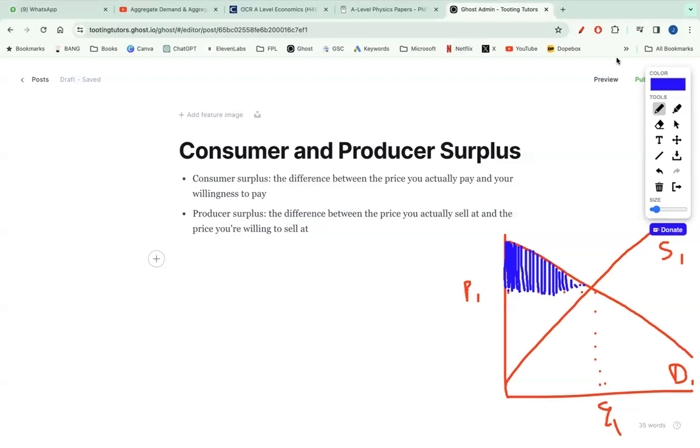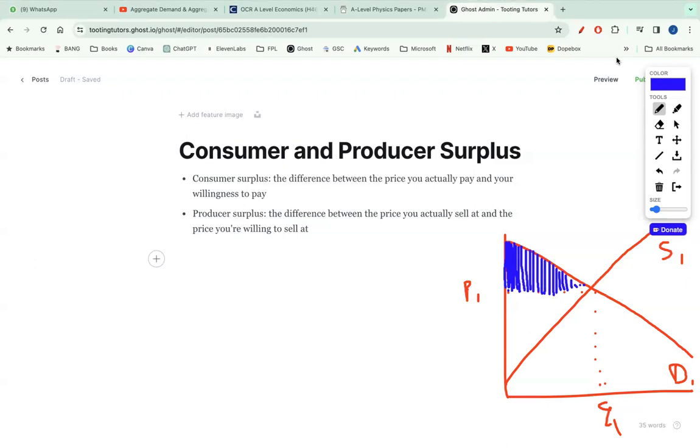Would it be like producers when they sell a burger for £3, but they'd be willing to sell it for less?